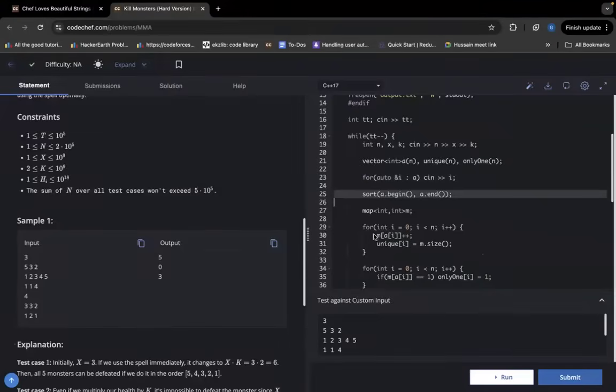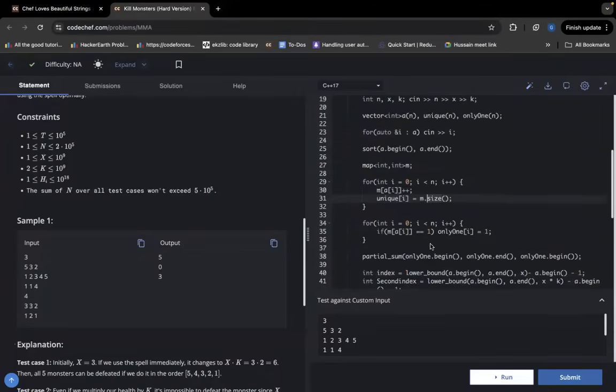Using the map, I do m of a[i]++, and then unique of i is just m.size. m.size returns the number of unique keys in the array. So at the end, I will have my unique array, which for every index stores the amount of unique elements in that prefix. Is this clear for everyone, guys? Yes or no?